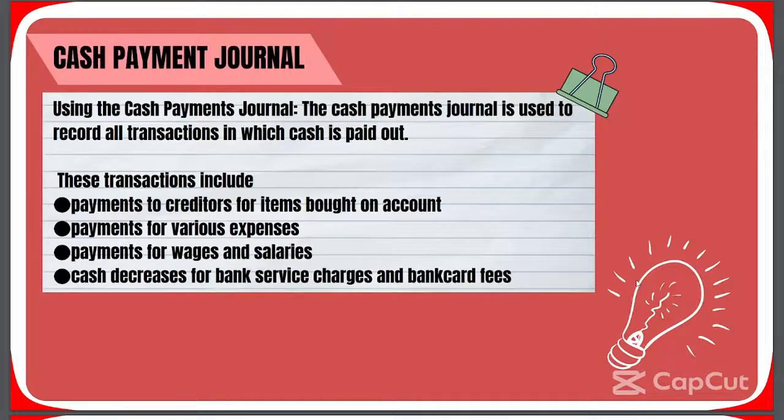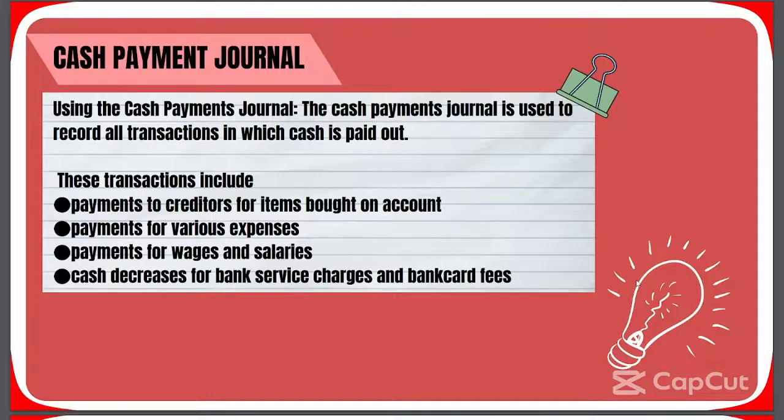The transactions include payments to creditors for items bought on account, payments of various expenses, and payments of wages and salary. Last, cash decrease from bank service charges and bank card fees.